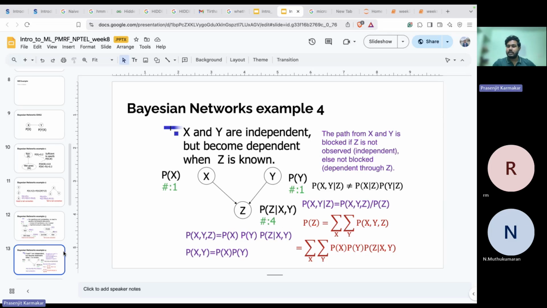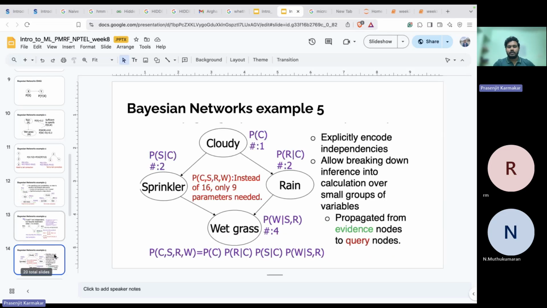Okay, and these questions may come. These questions are very common in exams, that you have this type of a graph, all the probability values are given, and you have to compute a particular joint probability. For example, what is the probability of cloudy, sprinklers, wet grass? You have to compute the joint probability of cloudy, comma, sprinklers, comma, wet grass.